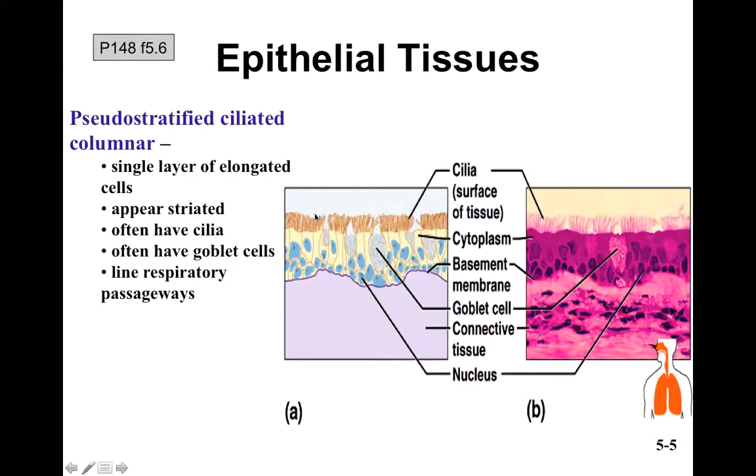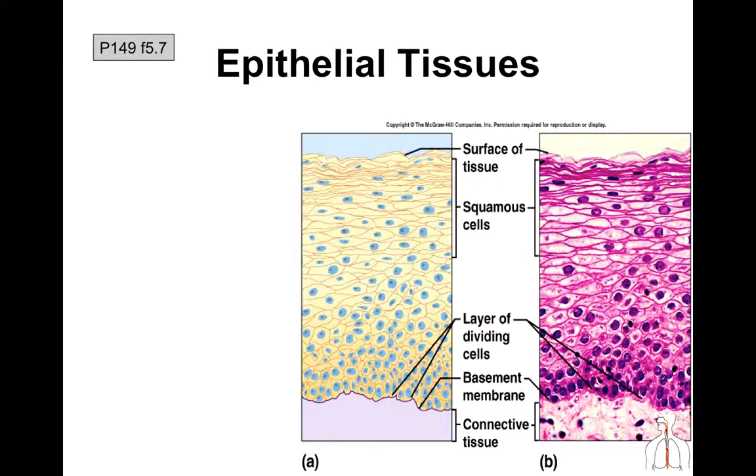And they're ciliated because they have cilia on them. Goblet cells, again, where we need mucus. And we have a lot of these pseudostratified ciliated columnar in places like the respiratory passages, where we need to produce mucus, but also be able to protect the tissue in there.